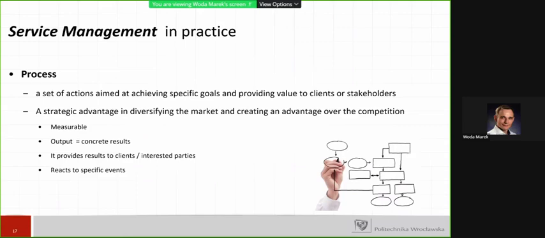That is a somewhat lengthy definition of a process, but a shorter one is depicted on the screen. There is a set of measurable actions giving us concrete results in the form of service management. They provide value to the customer and react to specific events.